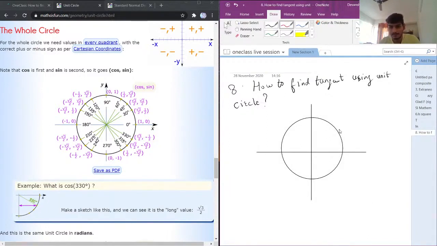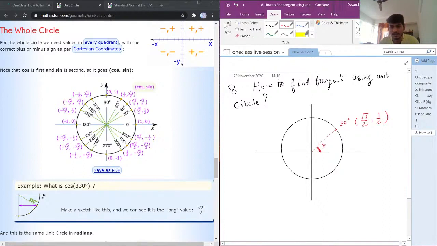So for 30 degree we have the coordinates as root 3 by 2 and 1 by 2. So these are root 3 by 2 comma 1 by 2. And now the basic idea behind this unit circle and how we find the tangent or the trigonometric ratios is that we draw a radius to this point so that it is making 30 degree from the positive x-axis.